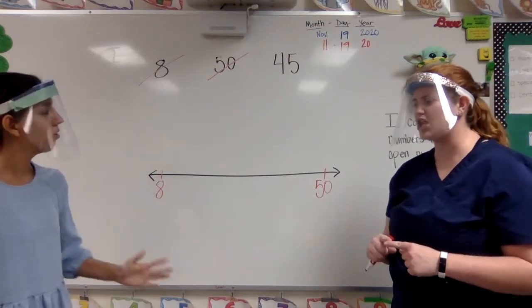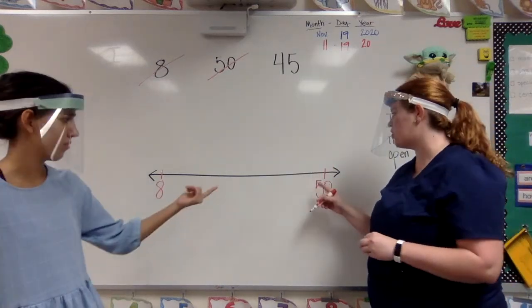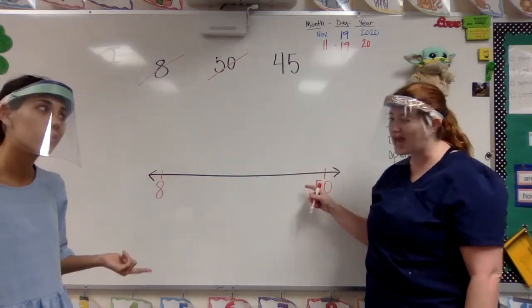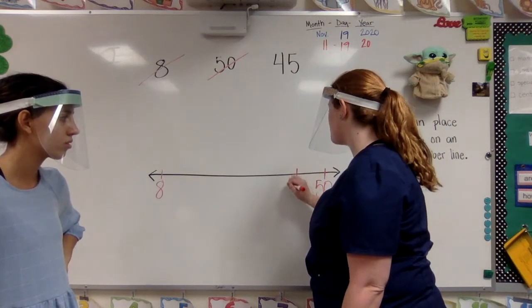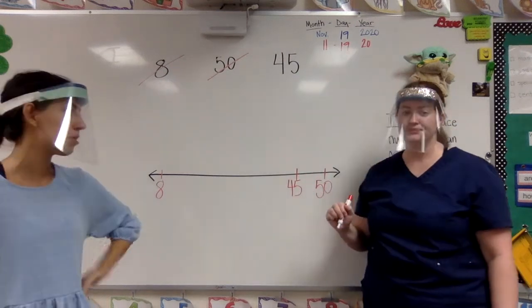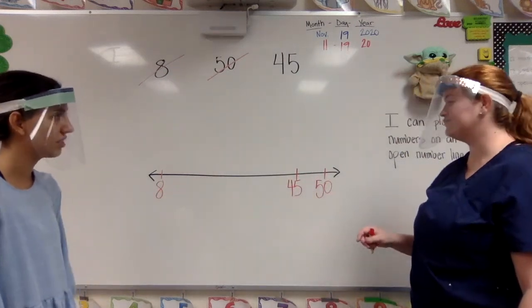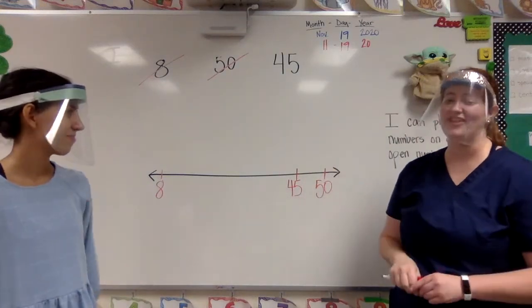So it's really close. 45 is really close to 50. So I'm not going to put it right beside it, but I am going to put 45 really close because I know that number is super close to 50. That's true. There's only a few numbers in between 45 and 50. It's not in the middle, but it definitely is close to 50.